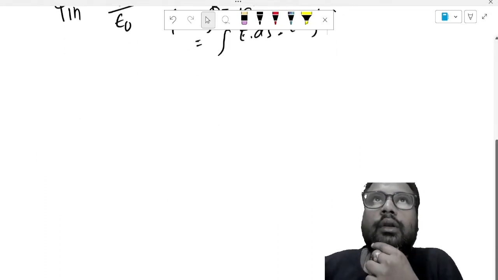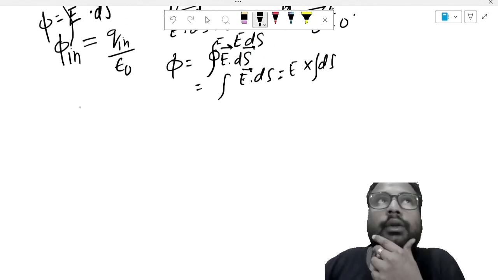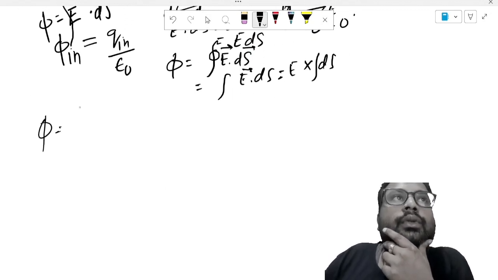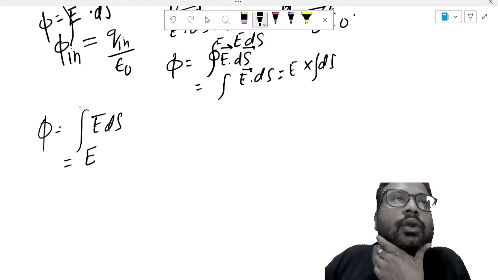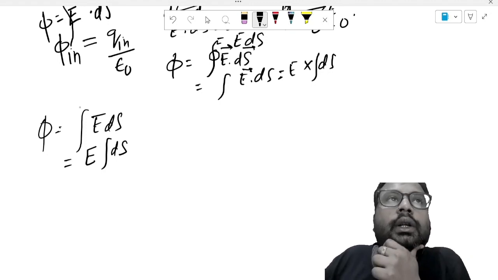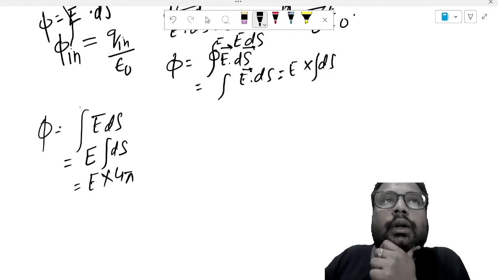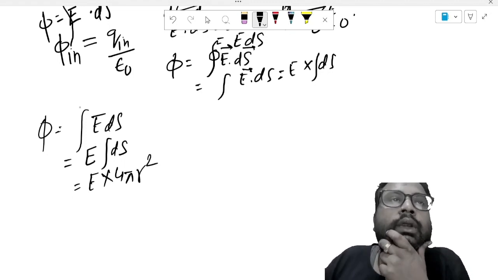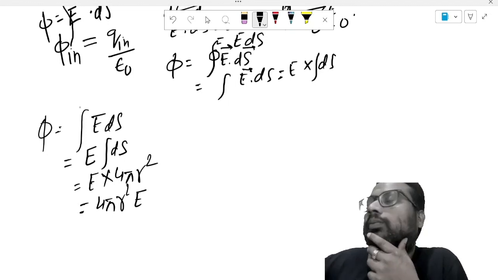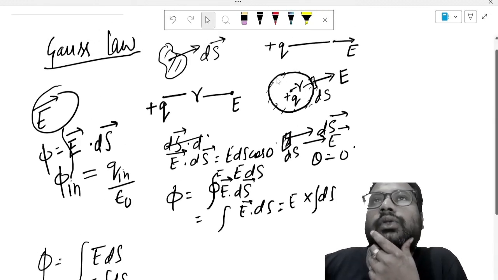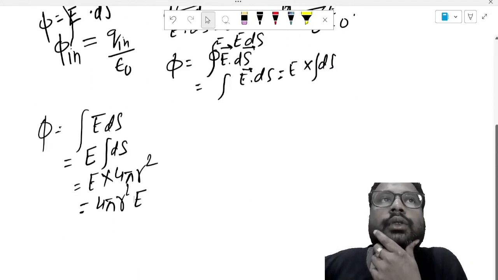Now if we do like this here, so flux becomes integration of E ds. So E is constant because the charge is not moving, and we will calculate the integral of whole surface, which will be equal to 4 pi r square, which is the radius of the sphere. And so we have 4 pi r square E. This is the complete flux passing through this closed surface due to this positive q charge.